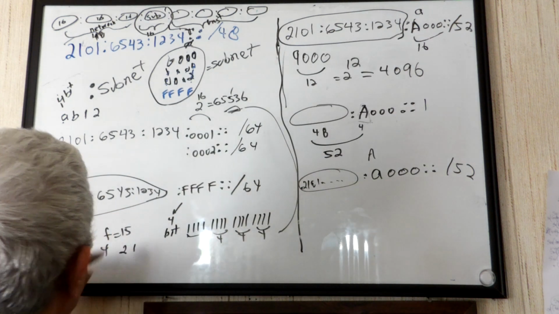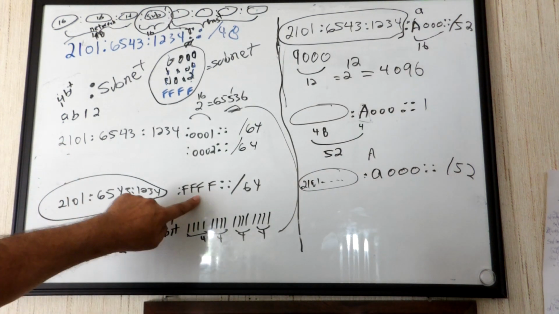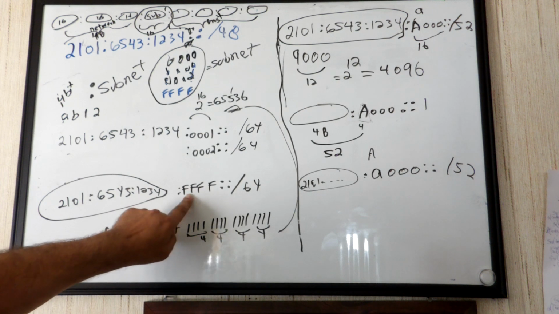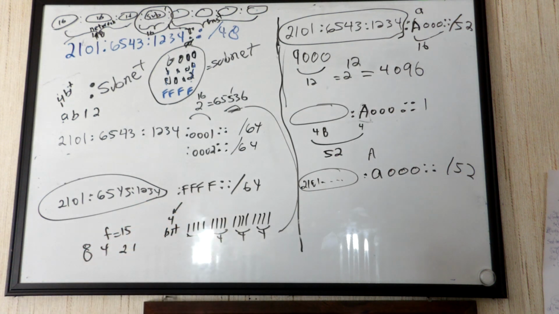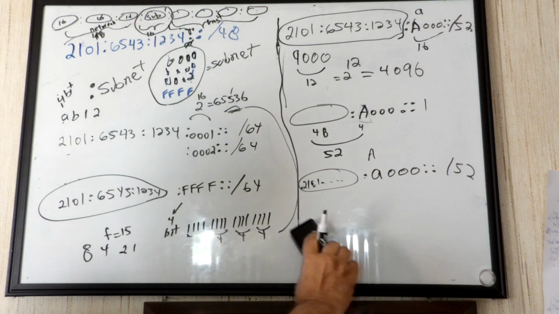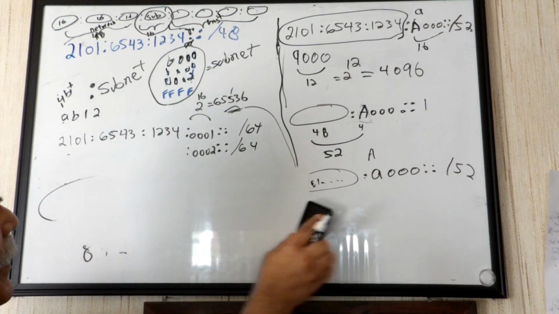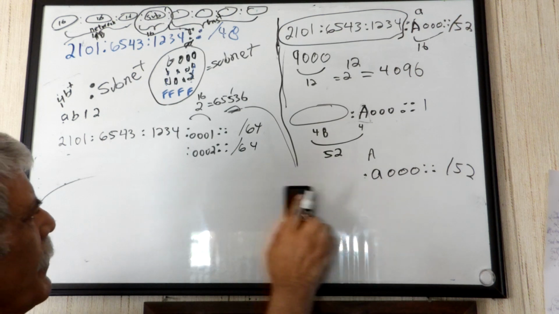Let me finish with this. We find out that this is going to be the last subnet, FFF. You don't have more than FFF. And let's explain this more.